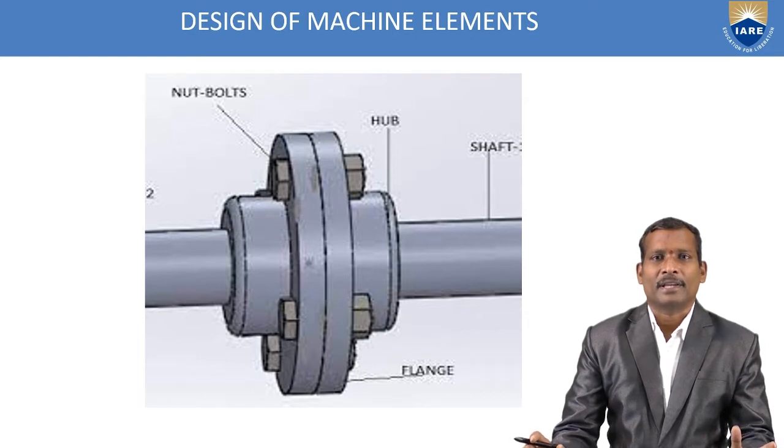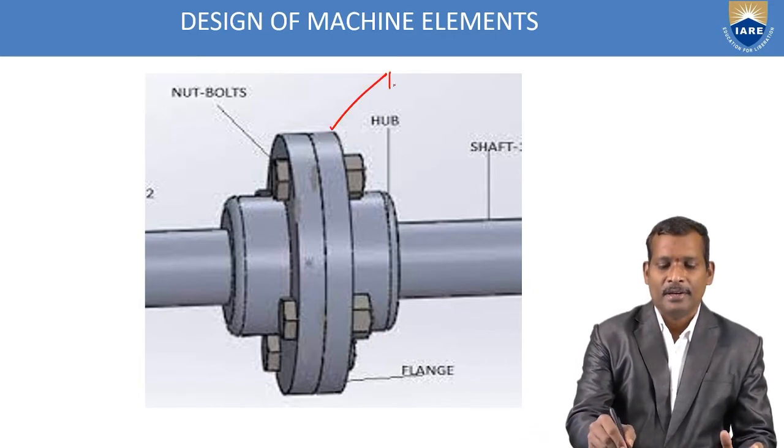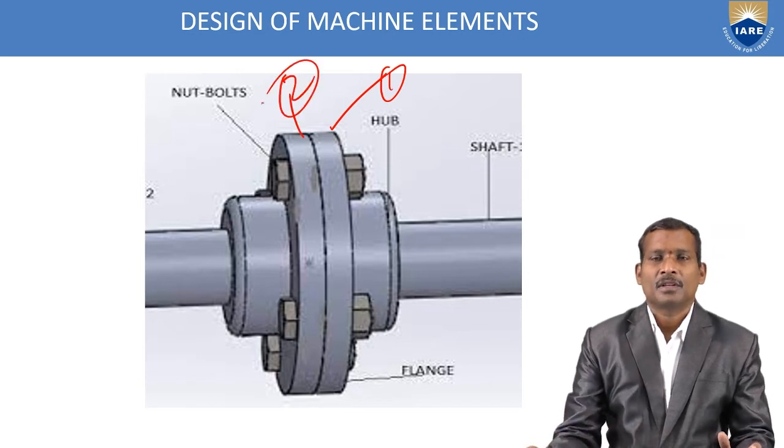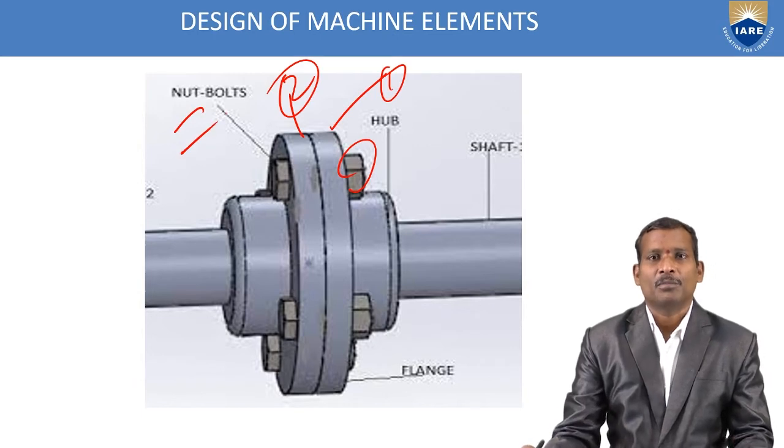The flange coupling mainly consists of two flanges. This is one flange and this is another flange. These two flanges are connected together with the help of nuts and bolts. You can already see the nut and bolt here.